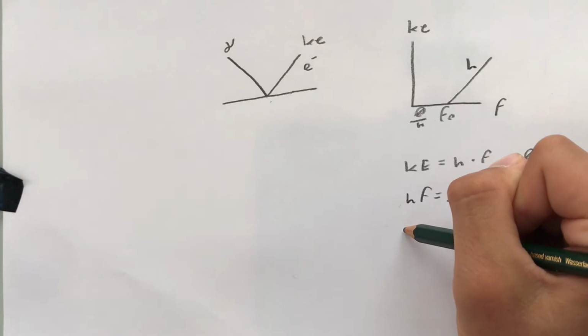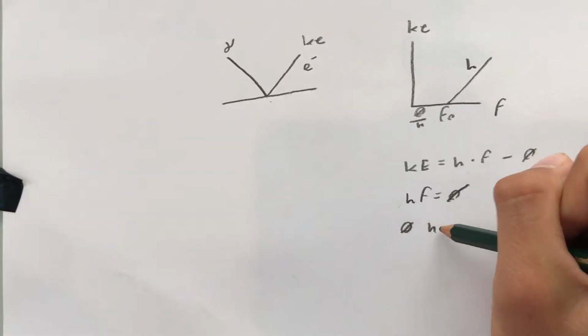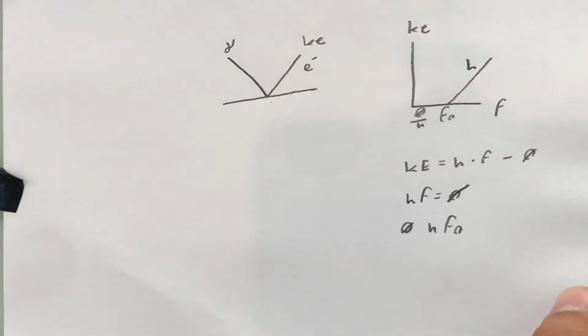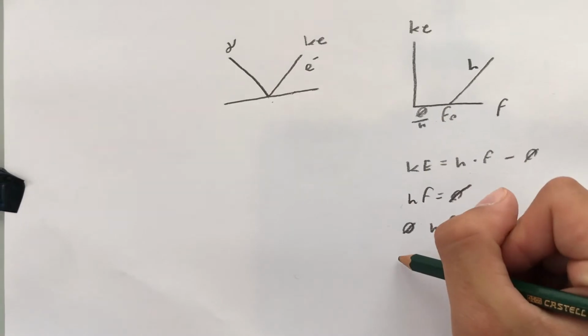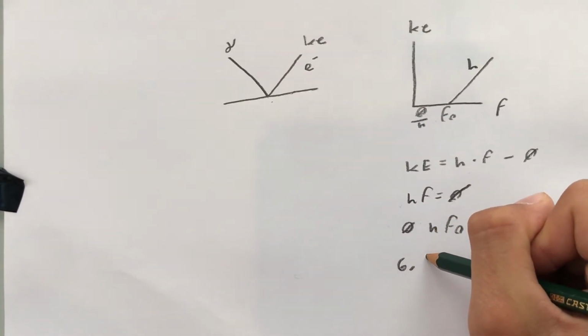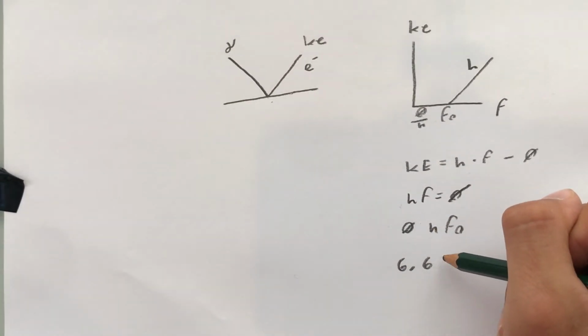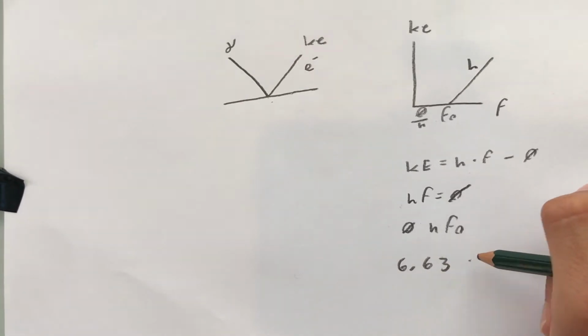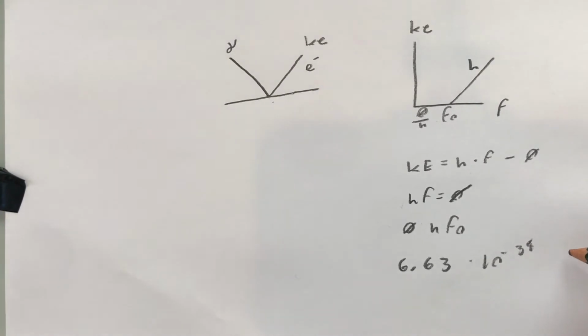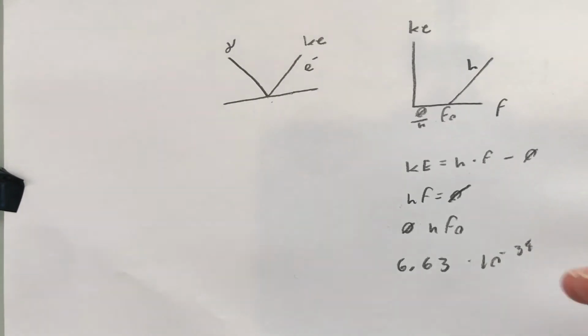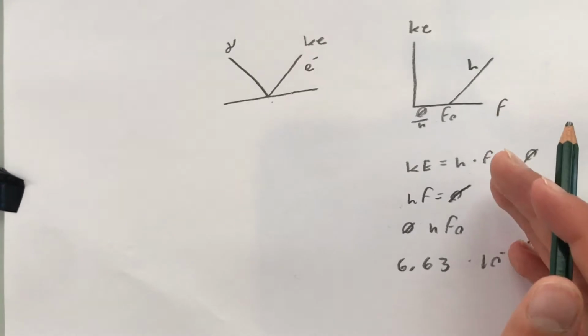And when that happens, phi is simply hf0. So the gradient of the line is h, which is, as I mentioned before, Planck's constant, which is simply 6.63 times 10 to the minus 34 joule seconds. So not joule per second, strictly joule seconds.